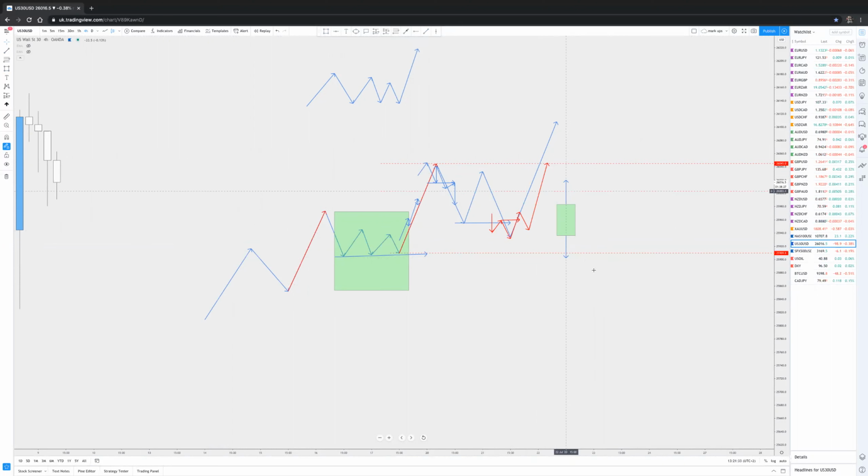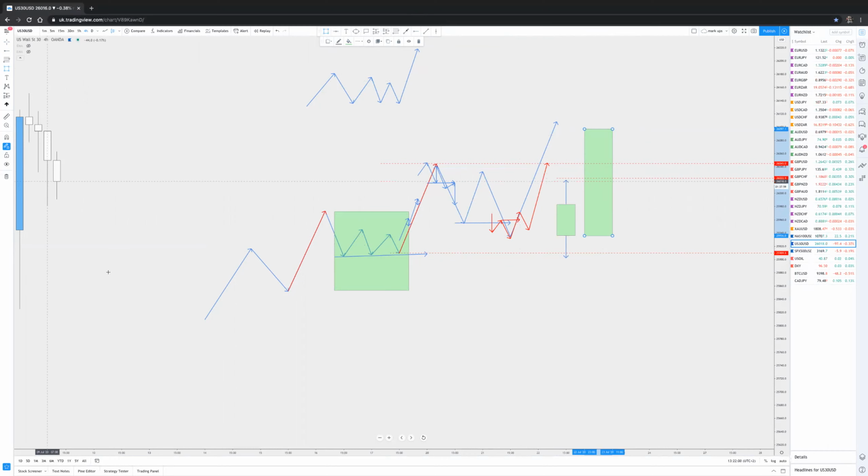The wick to the upside and the wick to the downside is still showing some indecision. So what do you have to do? You just have to wait it out. If you don't want to wait or you can't wait, then I suggest placing a pending order 2 to 3 pips above the wick of that candle, and then wait for price to come and trigger you into the trade and ride you out.